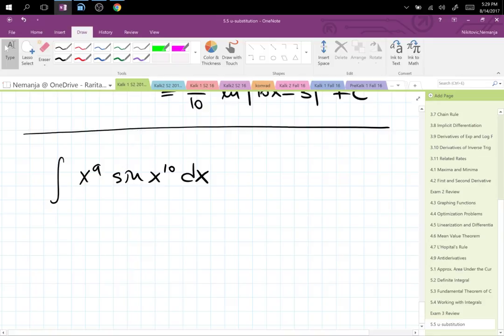What are you supposed to look for? The function and its derivative. Okay, so what are the function and the derivative? I want to say that the function is x to the 10. Why? Because the derivative of x to the 10 is 10x to the 9, so I feel like we could change that.